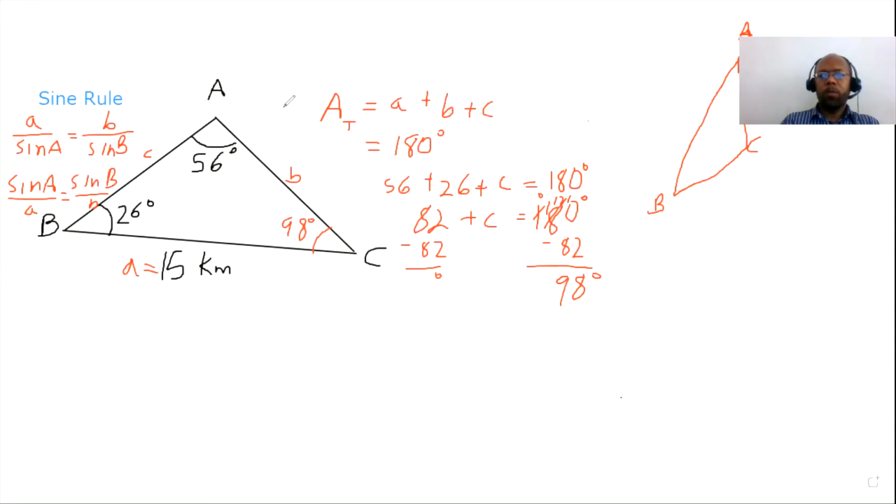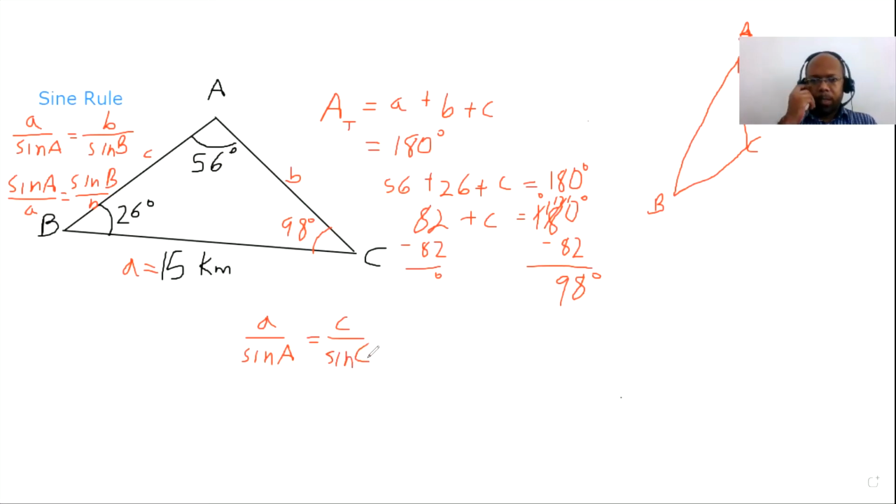We're going to use the top one because the top one deals with looking for a side. And now we're going to put, instead of B here, we're looking for C. You see how this formula works, guys?